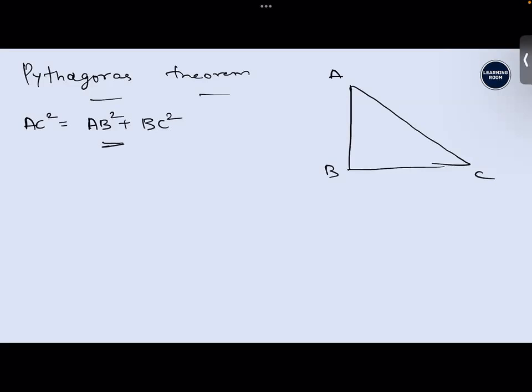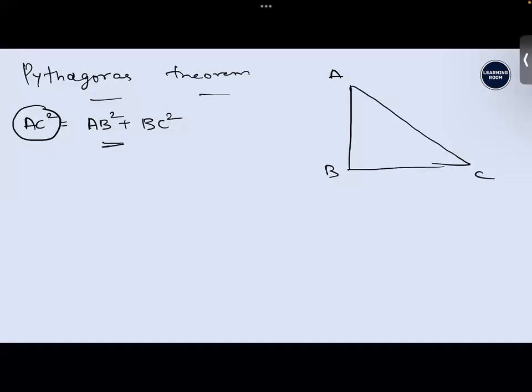If the sum of the squares of two sides is equal to the square of the third side, then there is a right angle. Where will the right angle be? Opposite to the side whose square is the resultant. Resultant means it is the output that you are getting. So having this in mind, let's try out problem number 13.